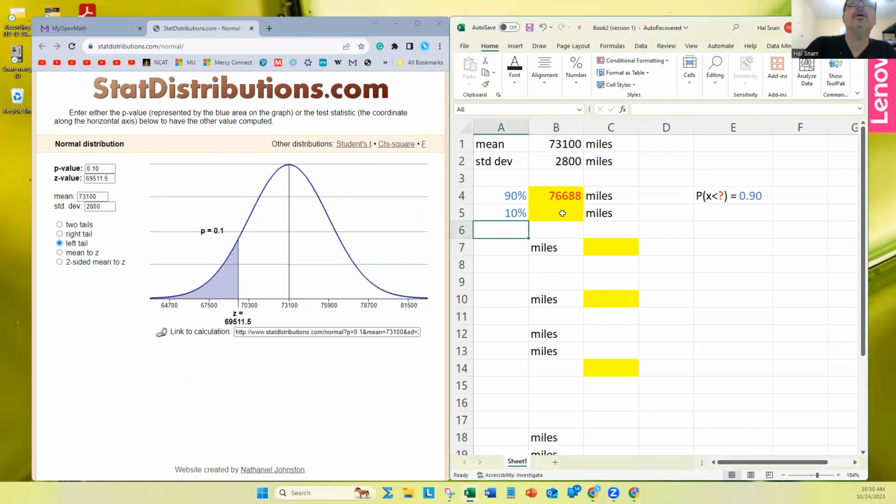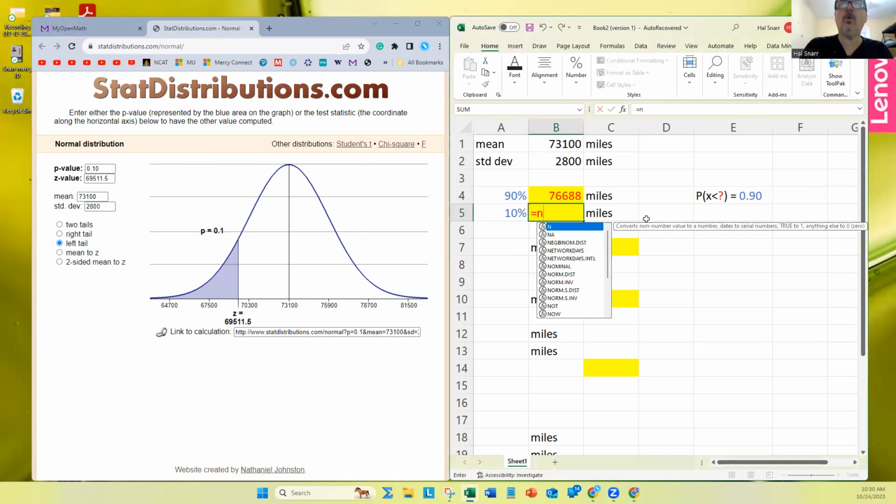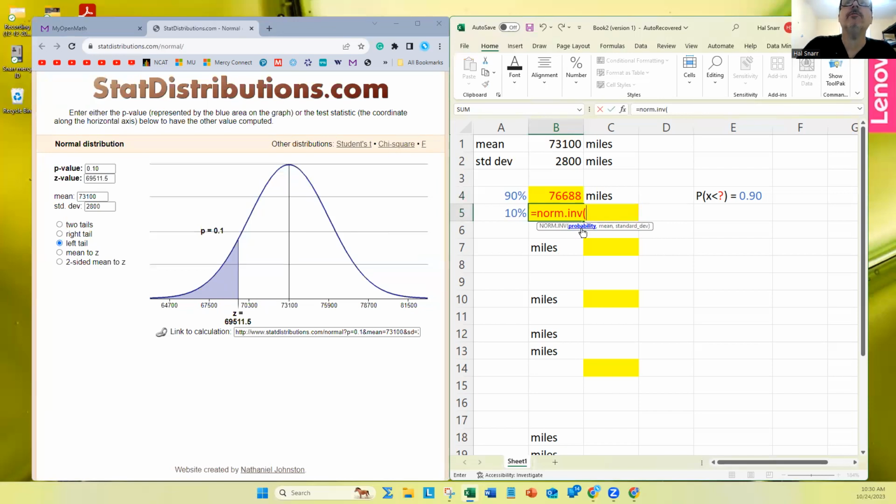We're going to do that again with norm.inv. And we want to use inverse because we want to feed it the probability value, just 10%. And then the mean, which in our case is 73,100, and then the standard deviation, which in my case is 2,800. I'm using M and S for the mean and standard deviation.